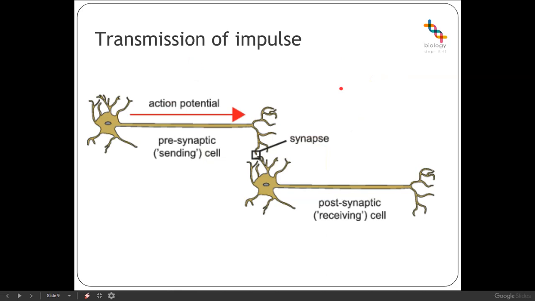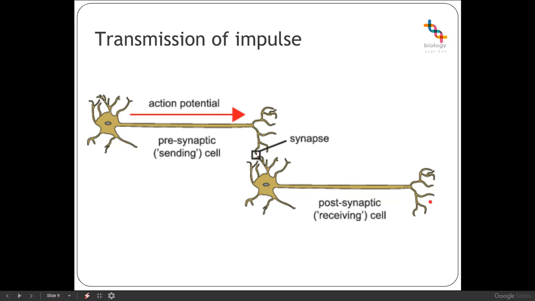When it does reach our axon terminal, in this section here, we've had our action potential work its way along. We've got to the synapse between the two different neurons. What happens is that it causes those vesicles containing the neurotransmitters to be stimulated to bind with the plasma membrane and release the neurotransmitter, and the neurotransmitter is going to stimulate the response in the receiving cell, the following cell.